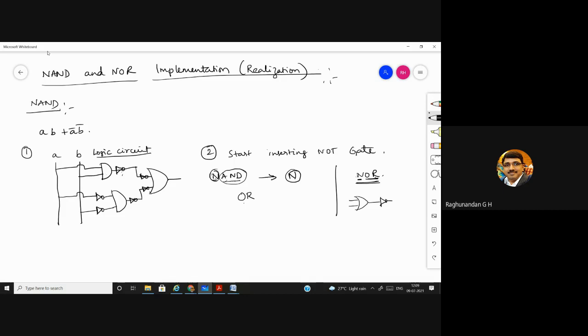In NOR realization, for the AND gate, put the NOT gates at the input side. Here this is reversed. For NAND realization, for OR you put NOT at the input side. For NOR realization, you put NOT at the output side of the OR and the input side of the AND. So this is the second step.